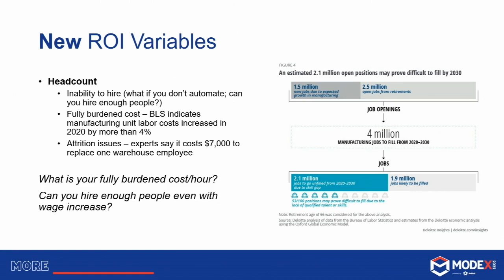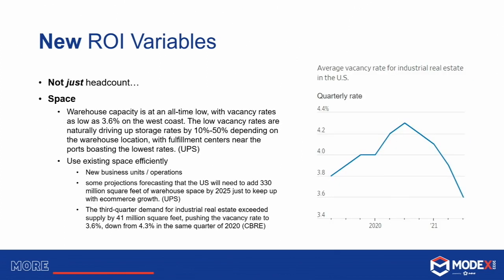So just think about the cost to advertise, attract, hire, train. One study said over $7,000 per employee that you have to hire. So we need to make sure as we are looking at these ROI variables, you're including those kinds of costs to make sure that whenever you're justifying automation, it makes a lot more sense.